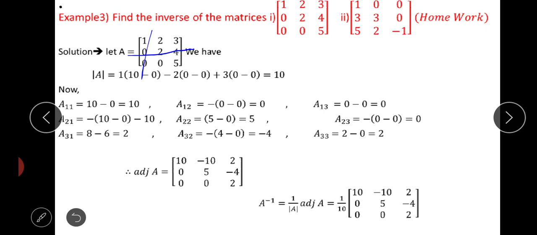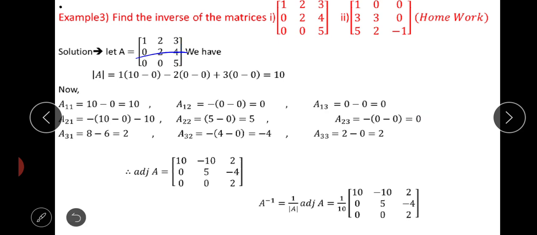Then A22, delete the second column and second row: 5 into 1 is 5, minus 0 into 3, so we get 5. And for A22, 2 plus 2 is 4, minus 1 to the power 4 is plus 1, that implies 5. Then A23, delete the second row and third column: 0 into 1, 0, minus 0 into 2, 0, that implies 0.